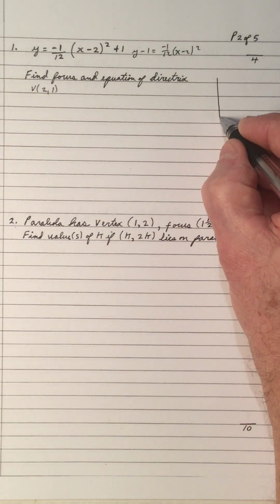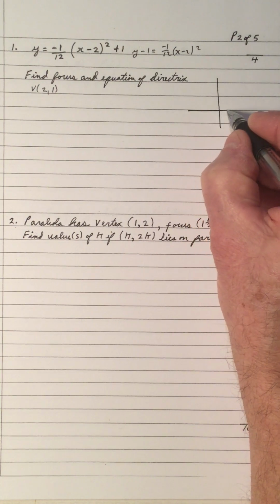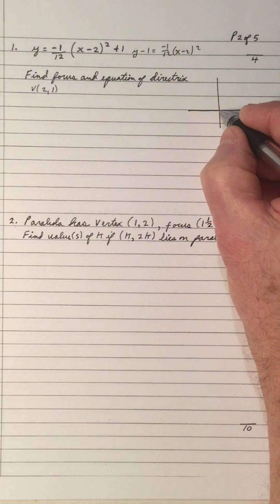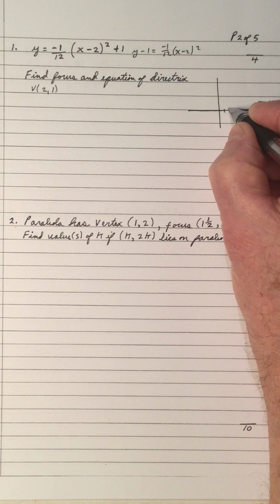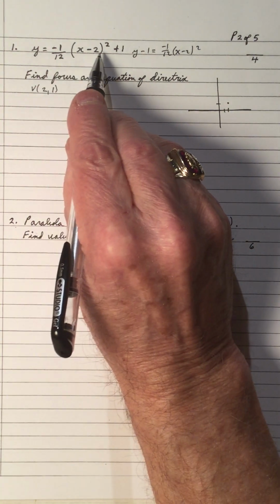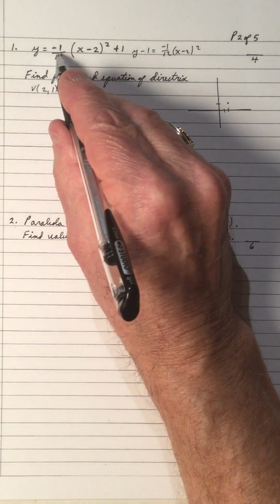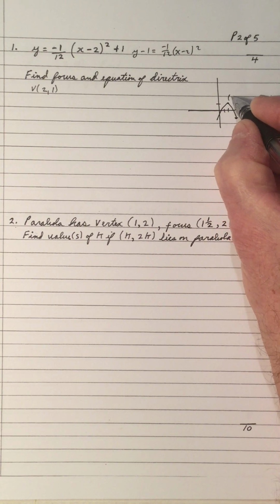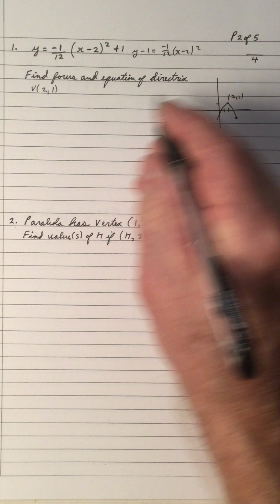And if we plot the vertex, x is 2, y is 1, and because it's negative, that means the parabola is going to open down, so the vertex is 2, 1 opening down.